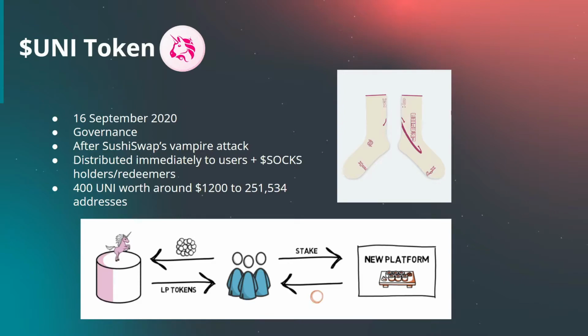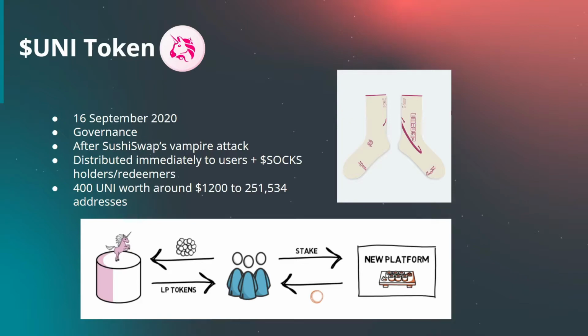So let's talk about the Uni-Token. Uni-Token was created on 16 September 2020. There are two main reasons for creating it. One is to become a decentralized protocol to help users participate in governance with Uni-Tokens.